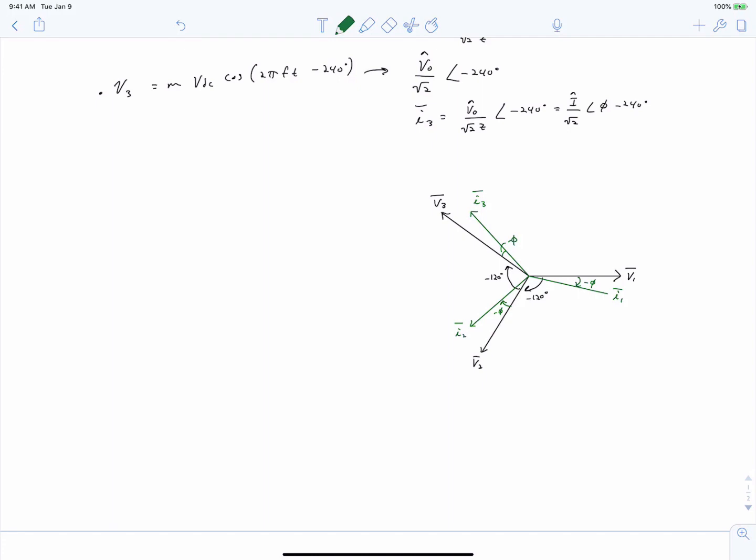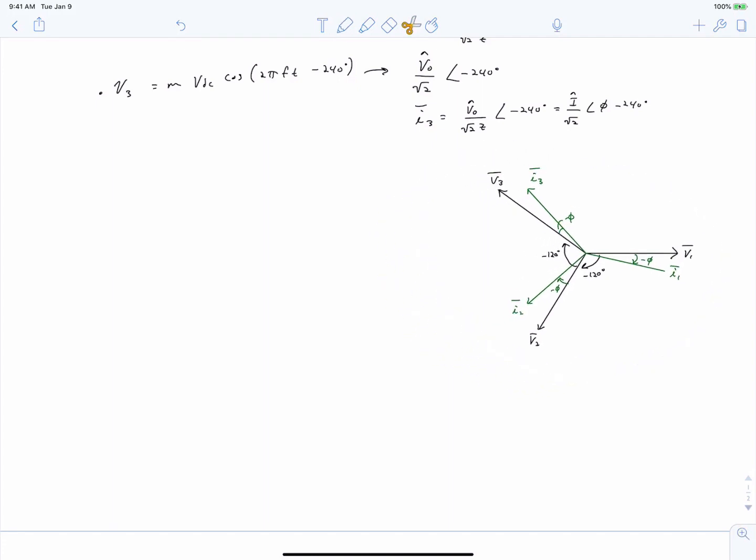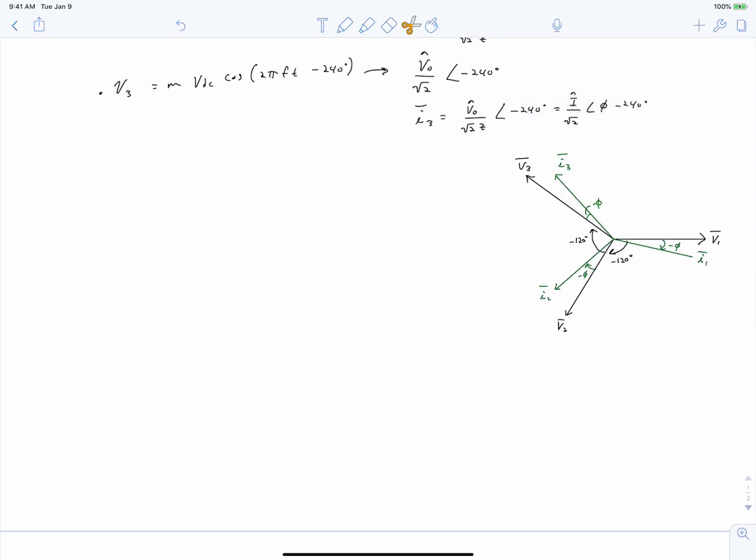And we can then draw the transient representation of this. We can draw the actual phase currents and voltages on a plot down below. You'll have to excuse my poor skills at drawing sinusoids.